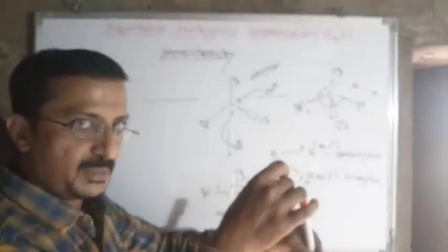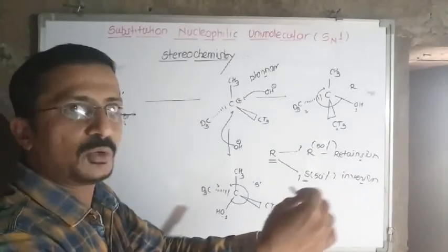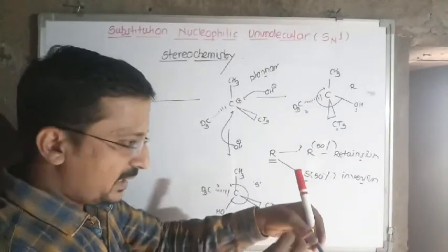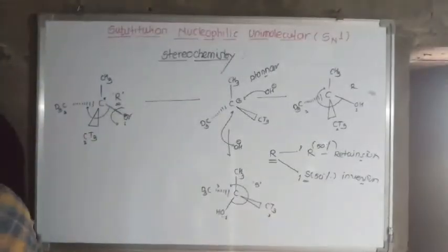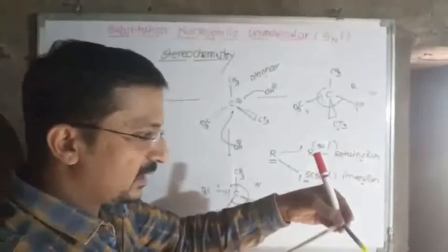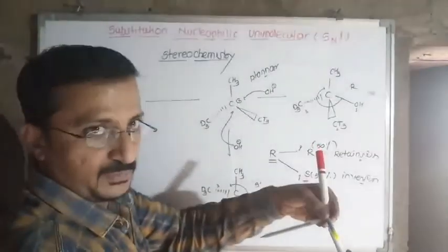When Br minus leaves, it is present somewhere in the solution near that carbocation, and a positively charged carbon is formed. So attack of the nucleophile may be possible from this side and also from the back side.